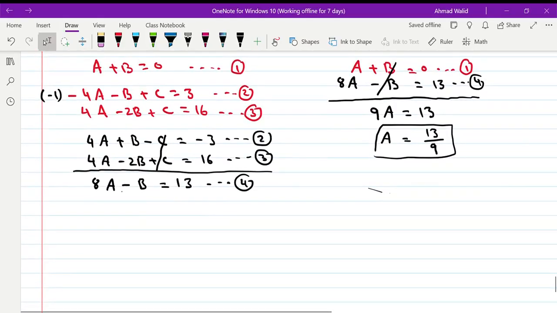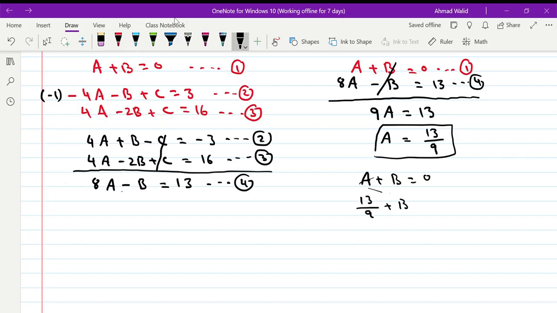Okay, now I have the value of A. Is it easy to find the value of B? Definitely yes, because look at equation number 1. A plus B equals 0. It means 13 over 9 plus B equals 0. It means B equals -13 over what? 9.